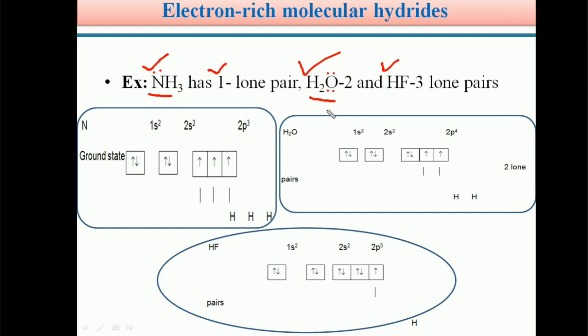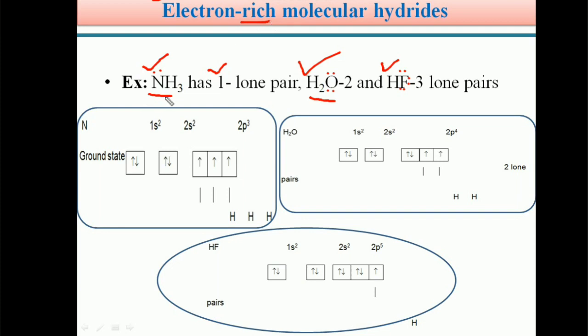Whereas in case of hydrogen fluoride, fluorine has three lone pairs of electrons. So that's why these are the examples of electron rich molecular hydrides. Ammonia, water, HF are the examples of electron rich molecular hydrides.